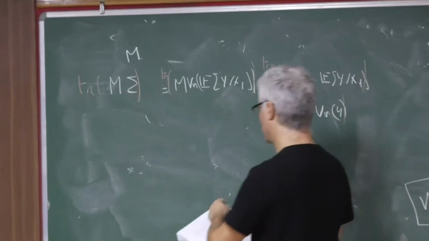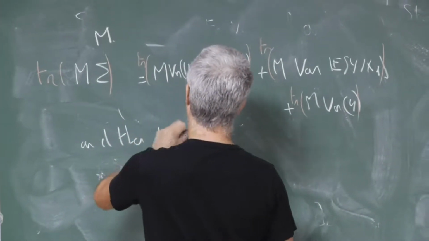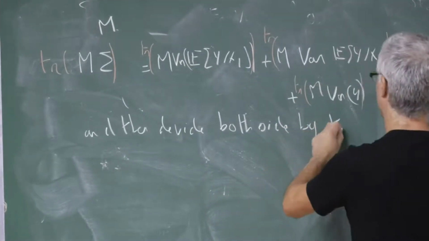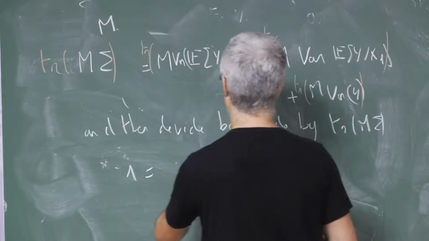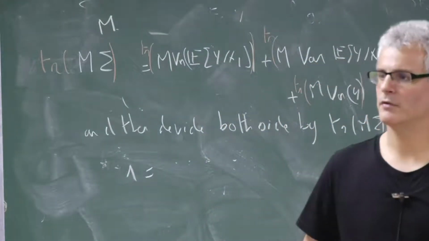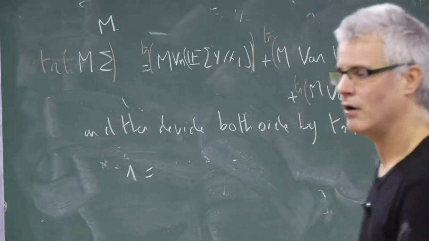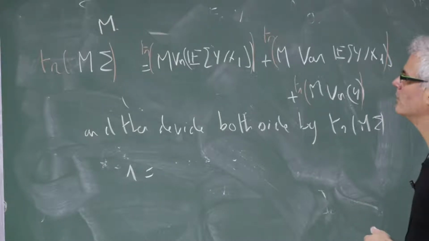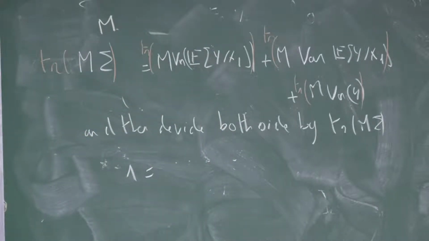Okay, and then I divide, and you get 1 is equal to, and that will give you another kind of index. Okay, so there are infinitely many ways of defining indices. So first of all, we have to say what kind of property we want our index to have.